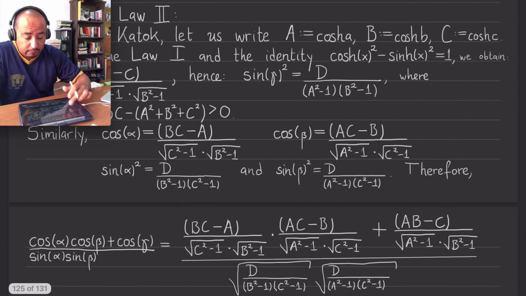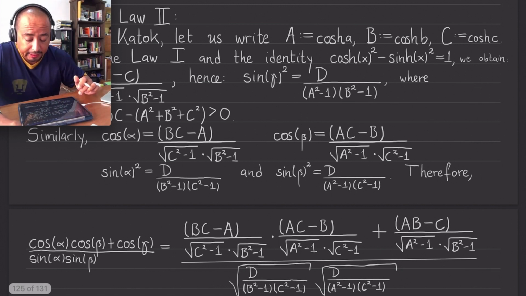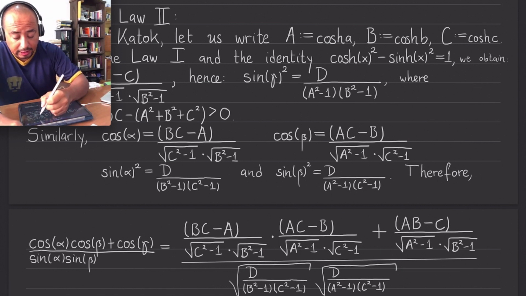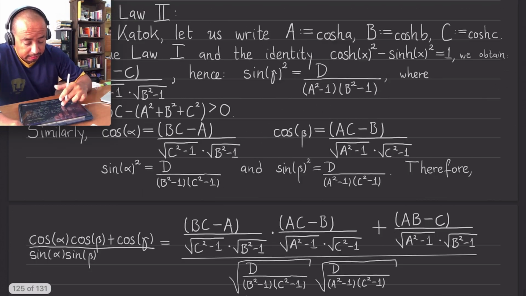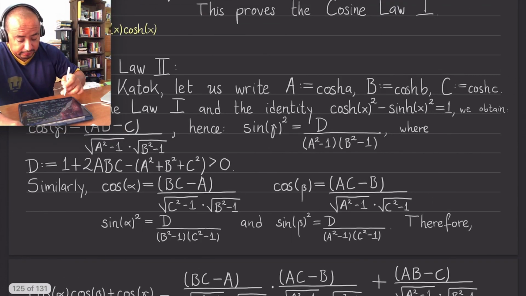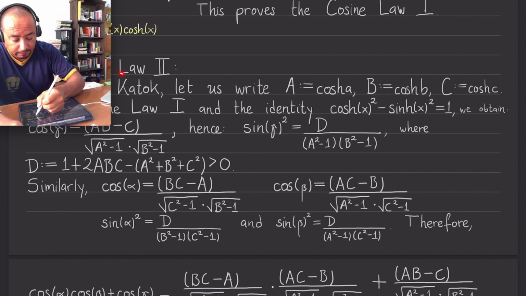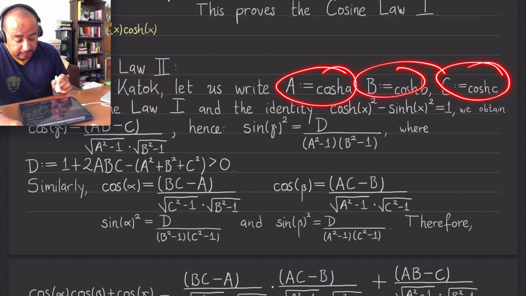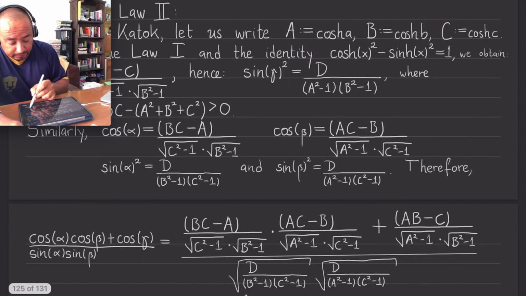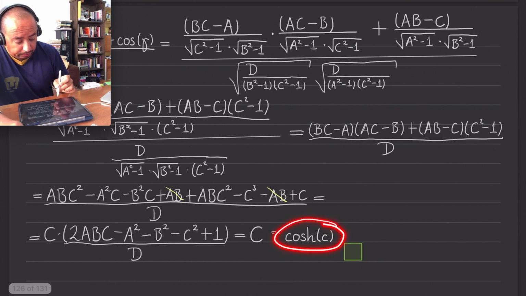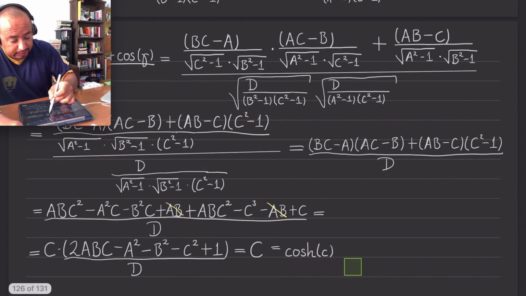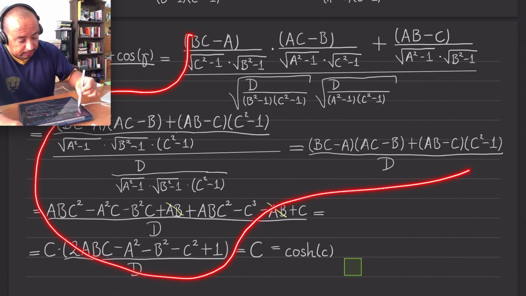And for that, I pretty much followed the strategy outlined in Svetlana Katok's book. I just did the computations to the very last consequence, right? In her book she says, okay, write this, this, and this, and then you notice that this is equal to hyperbolic cosine of c, but she doesn't do all this computation explicitly, right?